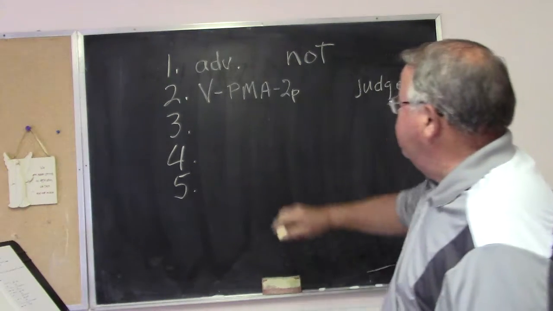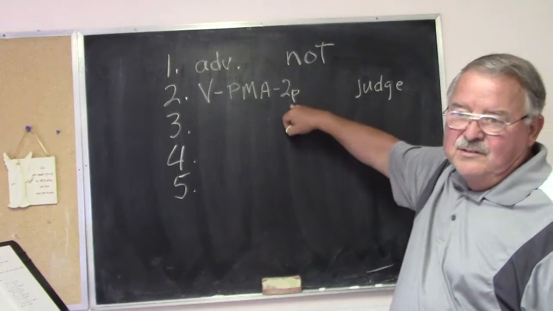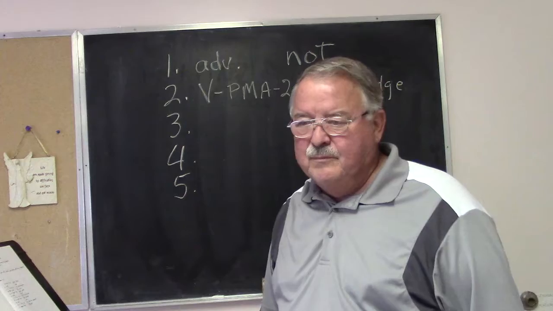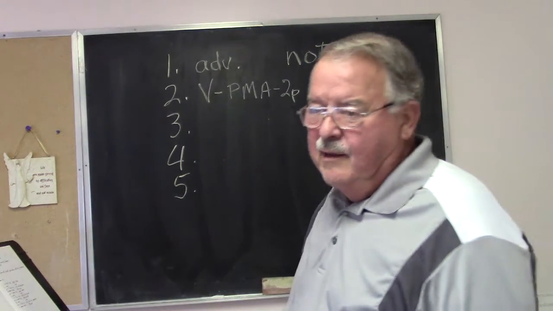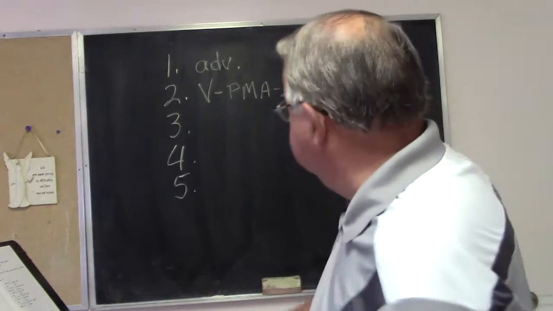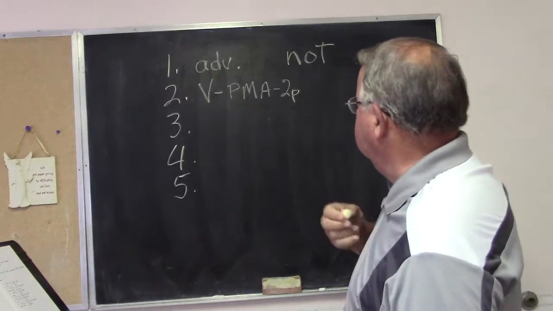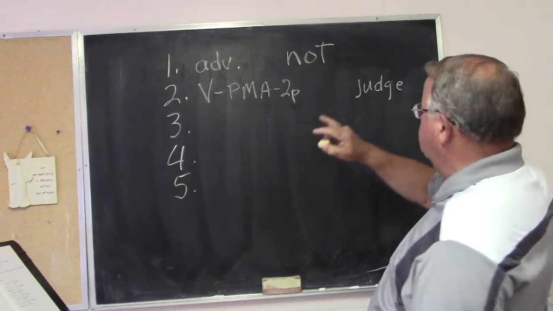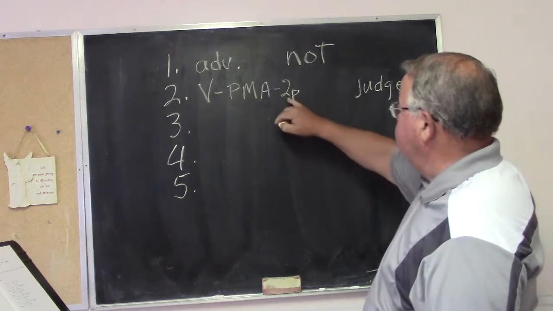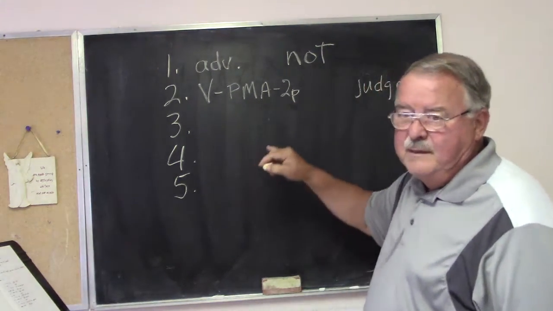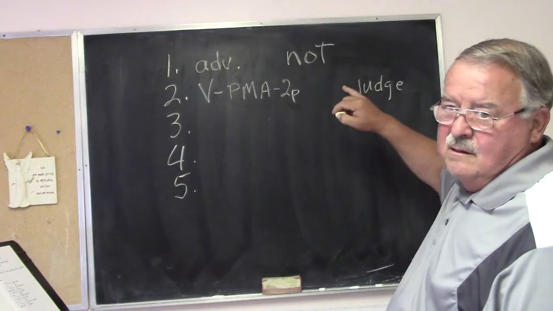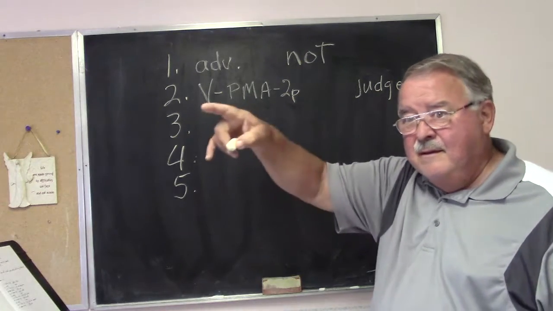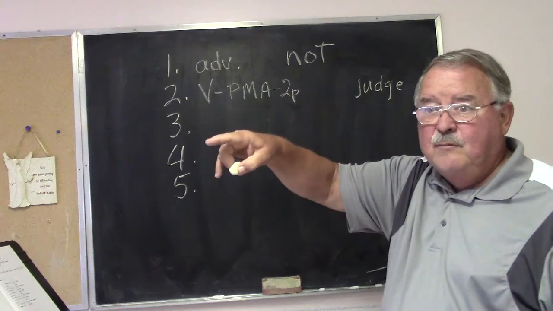But I want you to pay particular attention to this second person plural, because that will help us. If it was first person singular, it'd be I, then I could say I judge. Second person plural would be you judge. Third person would be he, what would you say with that?